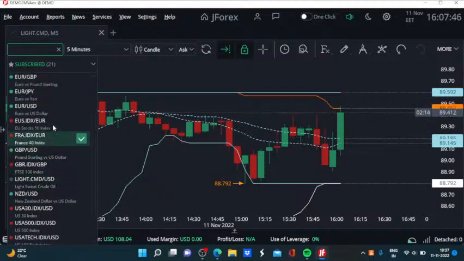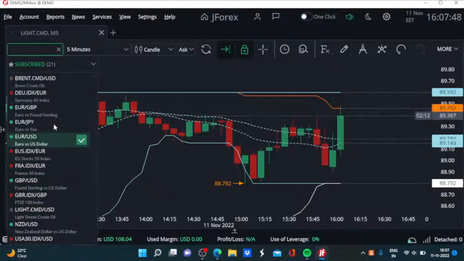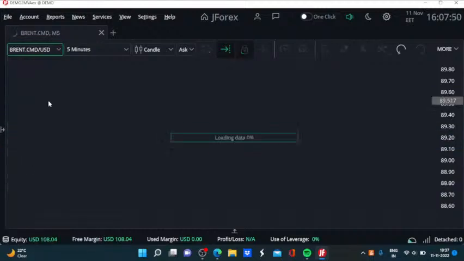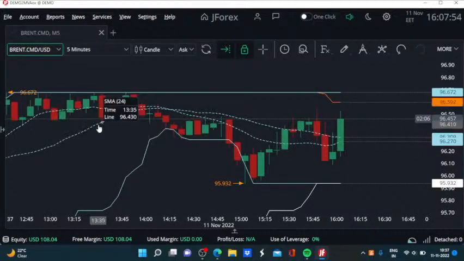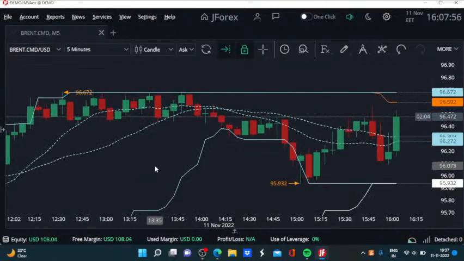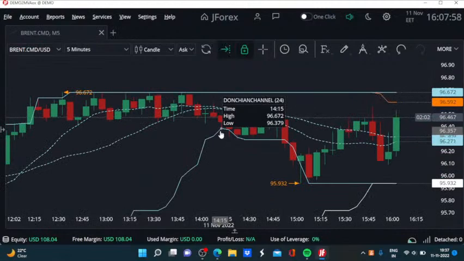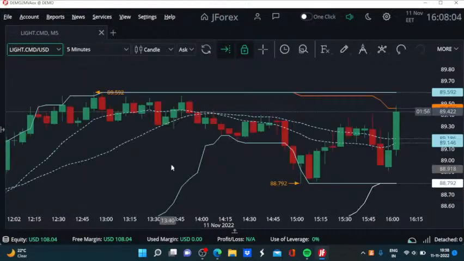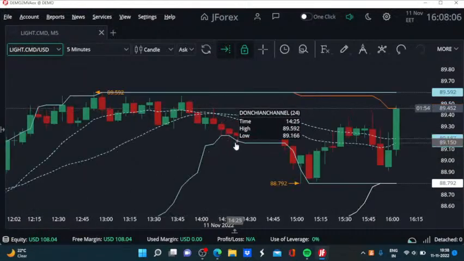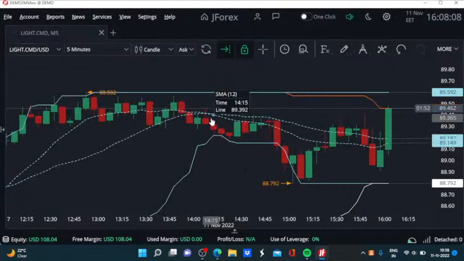Let us see the developments in the Brent. So Brent crude is here. All right. The correction for the Brent happened at 14:15 GMT. So for light crude, we have to draw the conclusion based on this, and it is pretty much similar.